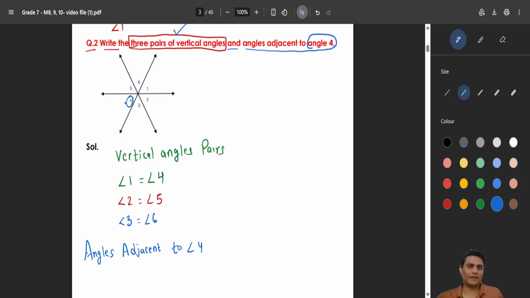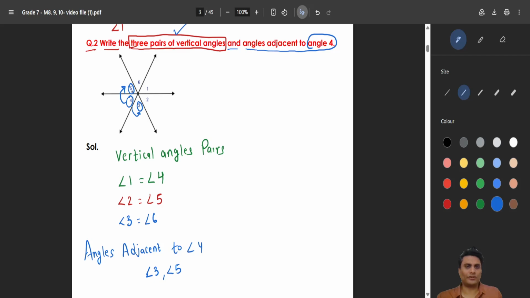Adjacent, meaning the angles which are sitting next to angle 4. I can see this angle 5 is sitting next to 4, right? And I can also see this angle 3 is sitting next to angle 4, correct? So I have two adjacent angles. So I will say angle number 3 and angle number 5 are adjacent to angle 4. You can check also.